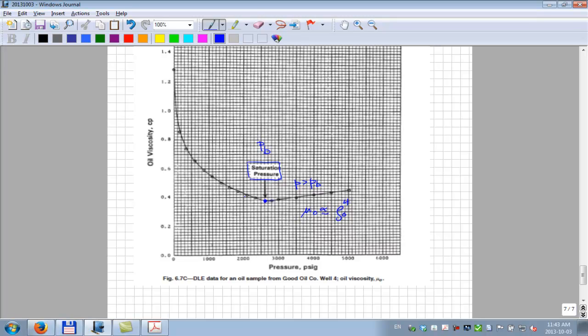Now, why is the viscosity increasing so much below the bubble point? The pressure is getting lower. The oil composition is changing. The light components, methane, ethane, propane, are lubricants. That's the way to think of them in terms of viscosity. The more you put in there, the more it's like a lubricant. It makes the oil flow easier.